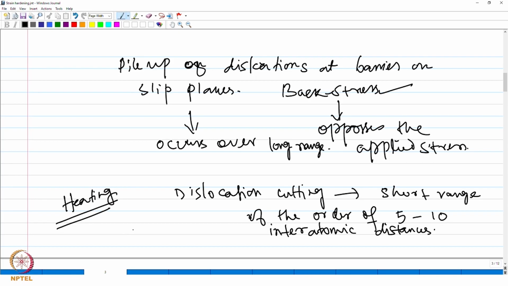So we have seen that this process of heating the material to remove the cold working effect is known as annealing. And this is what we are going to discuss today in this lecture in more detail.